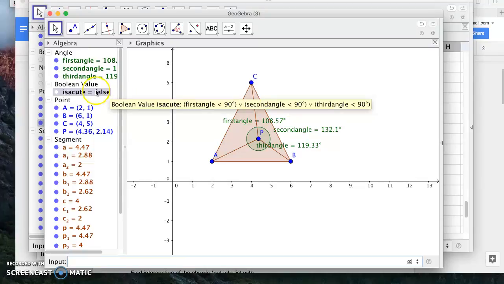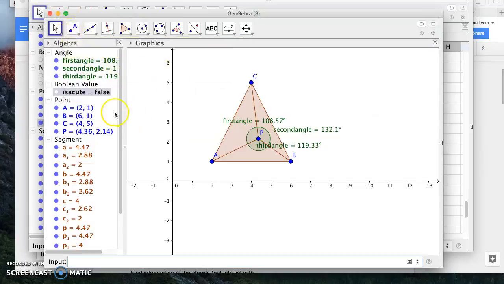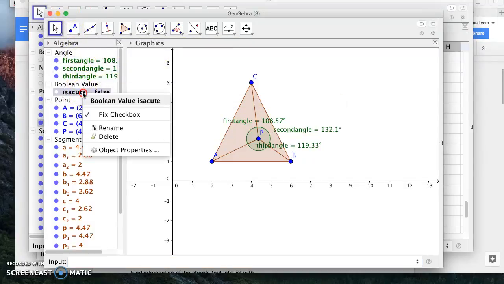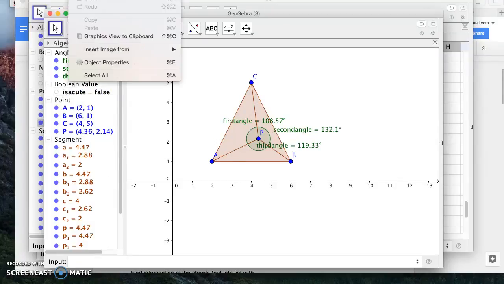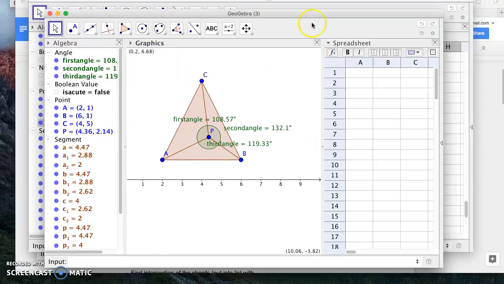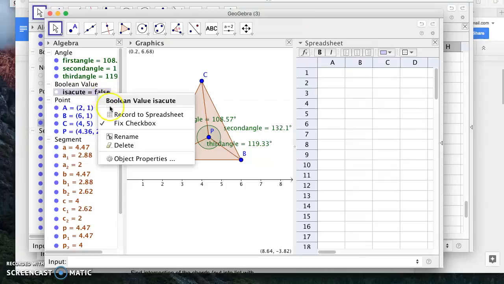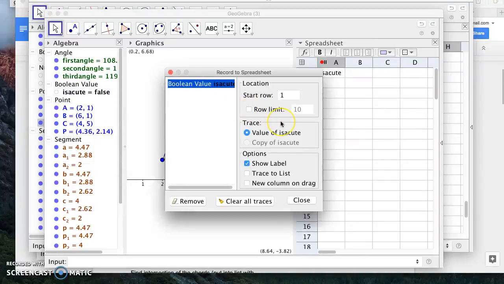And so what I want to do with this is put this into a spreadsheet so I can keep track of the different outcomes. So I'm going to open up a spreadsheet. I'll move this over. And I'm going to right click on here and do record to spreadsheet.